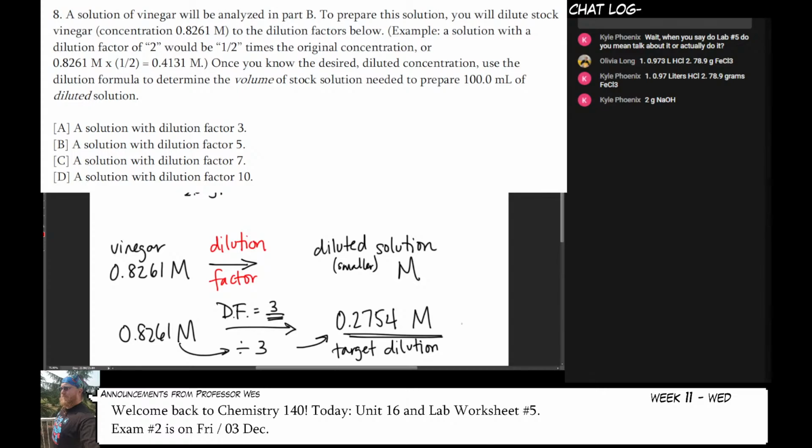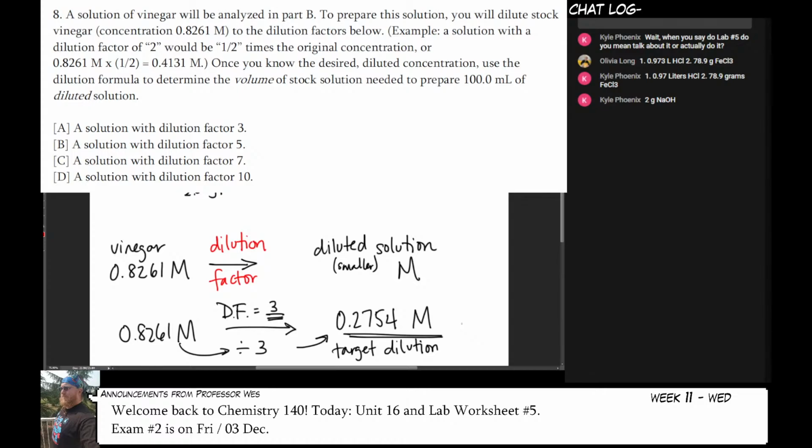So for the solution with dilution factor 3, I want that solution to have a concentration of that amount. So in question 8, you are first determining the dilution factor and what the new molarity will be. And you do it like this.